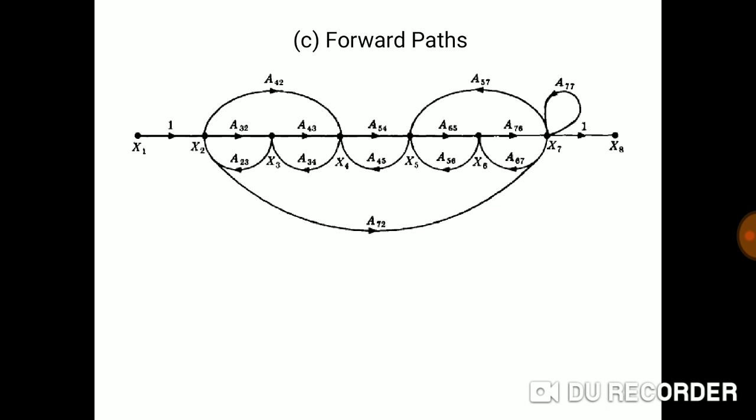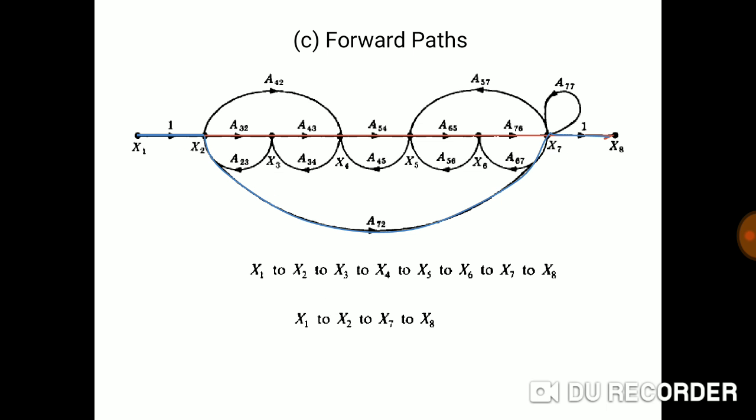Next, we will find out the forward paths. The first forward path is shown in the diagram by a red line: X1, X2, X3, X4, X5, X6, X7 and X8. There is another forward path, which is from X1 to X2 to X7 to X8.